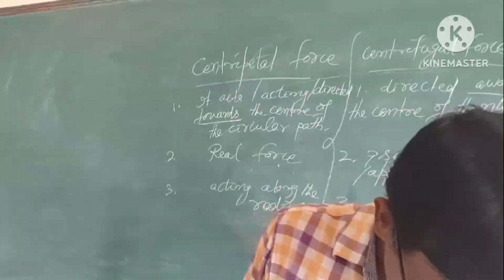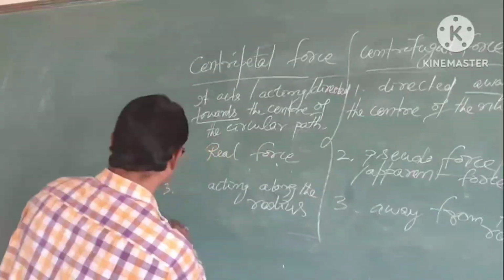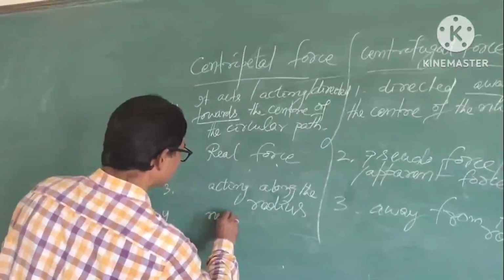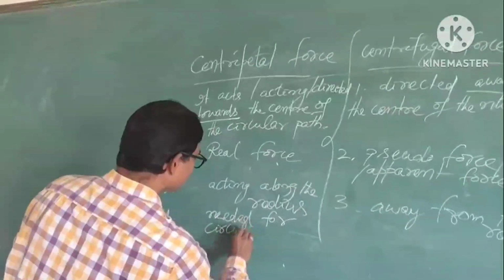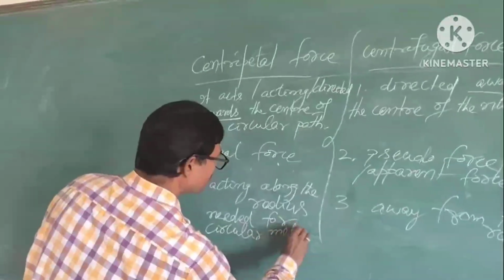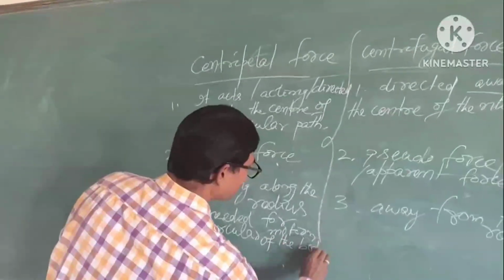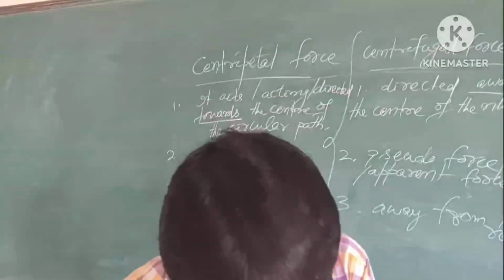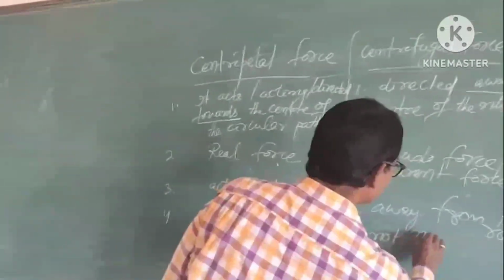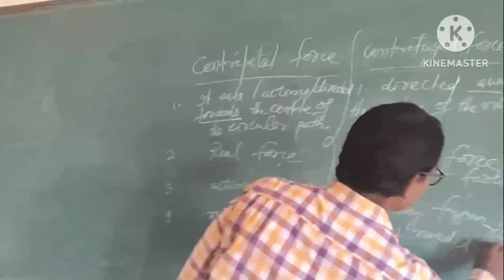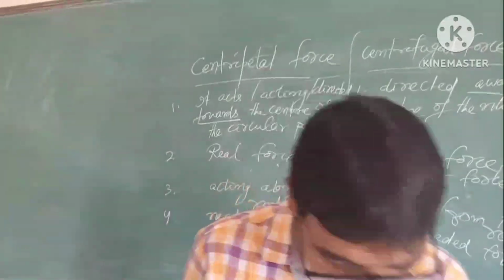Then come to the point: centripetal force is needed for circular motion of the body. Centrifugal force may not be needed, is not needed for circular motion. In short form, CM, I am writing circular motion.